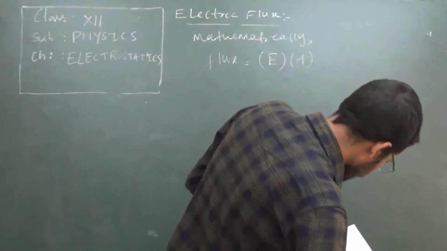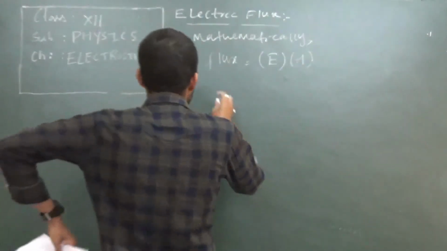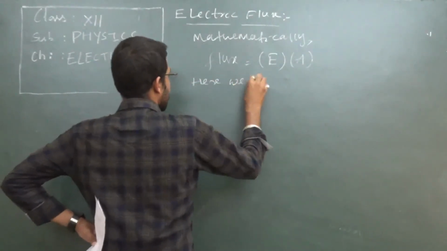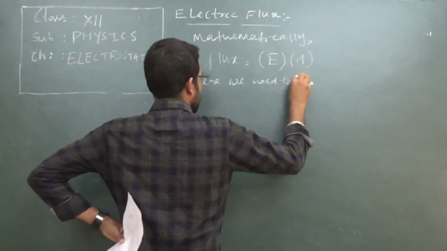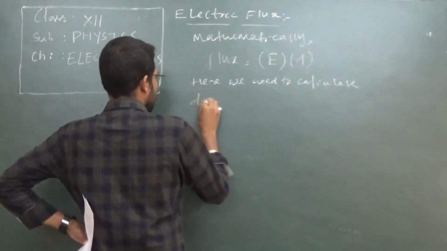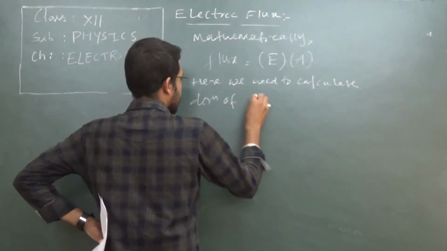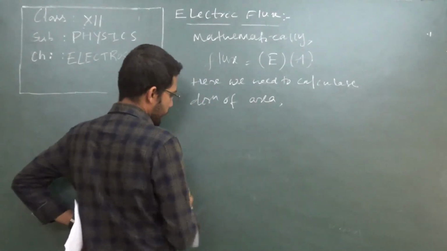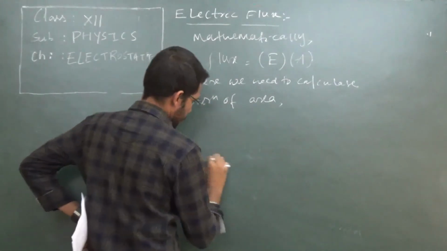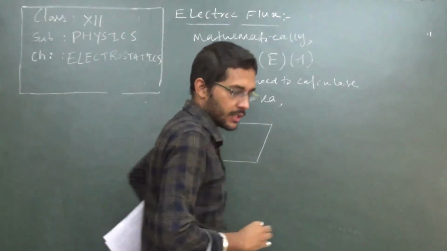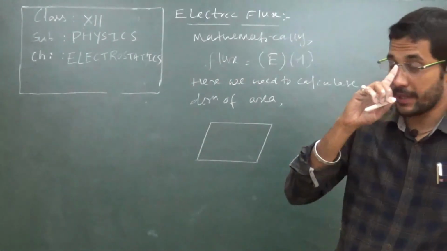Okay. So before that, here we need to calculate the direction of area. Let us consider a region from your vector chapter. You already calculated how to find the area of a parallelogram.